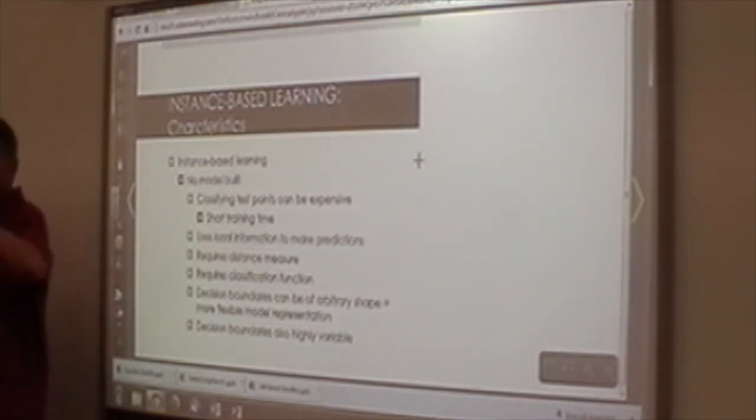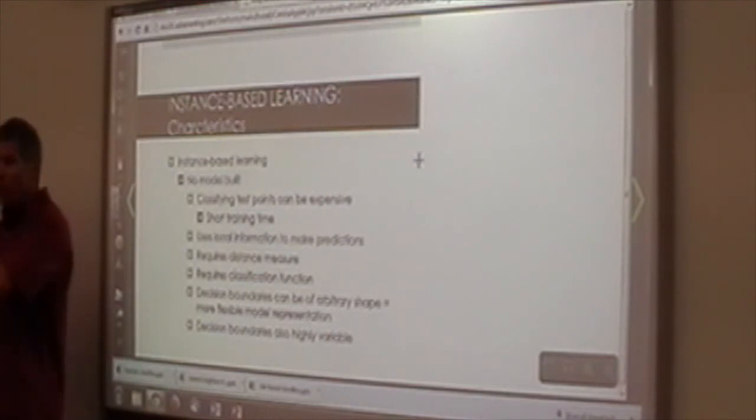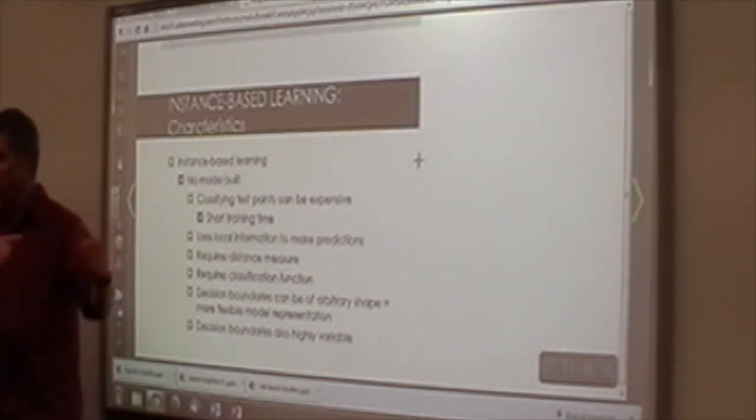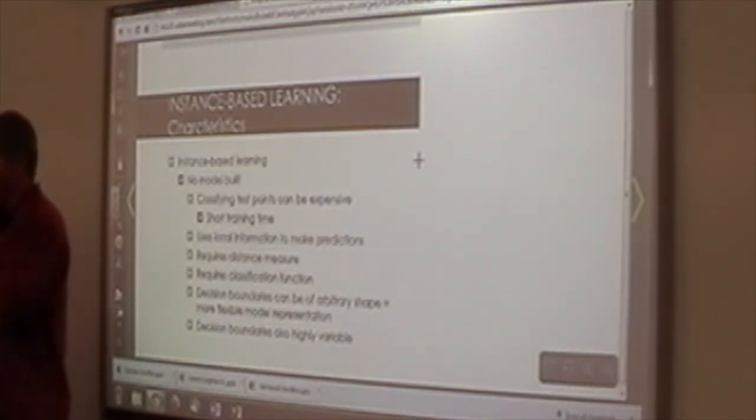With decision trees and rule-based learning, you're spending a lot of time building the basic models. But once those models are built, you can apply them very quickly to different test sets or to your actual real world data.